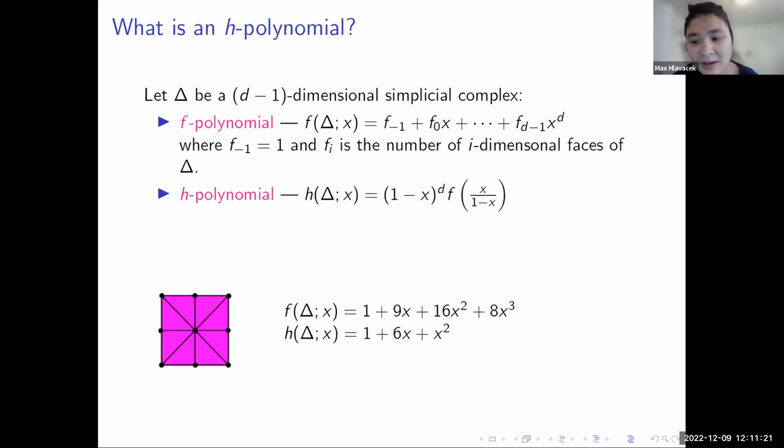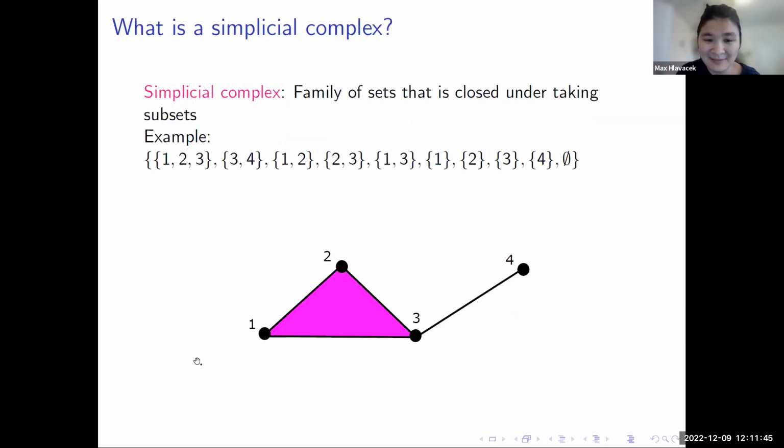So now we are ready to talk about some enumerative questions that people in discrete geometry and geometric combinatorics ask about simplicial complexes. When I see any kind of polytopal complex, I ask how many faces of each dimension we have here.